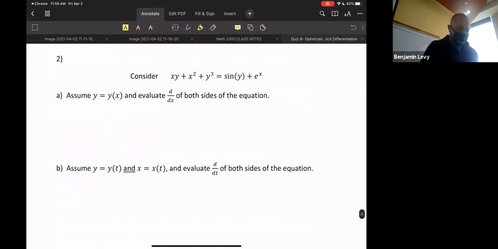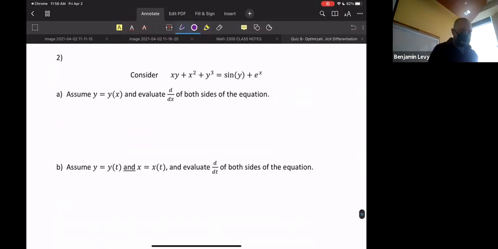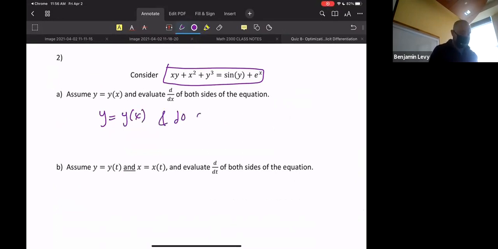Okay. On the second problem, this is the implicit differentiation part, and they're both based on the same equation, right? So you have this equation that has X's and Y's in it. In the first problem, you should assume Y is a function of X and do d over dx, okay?